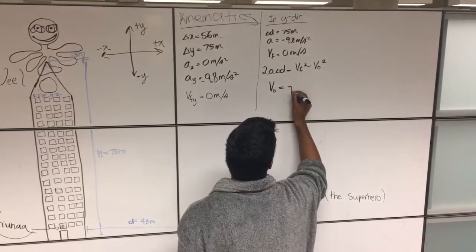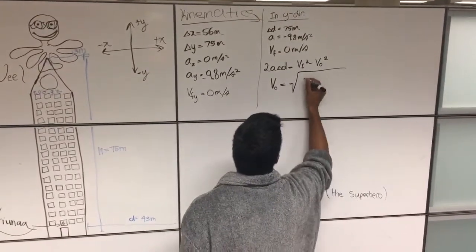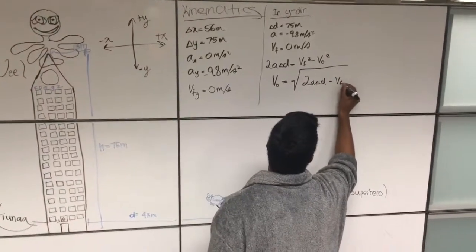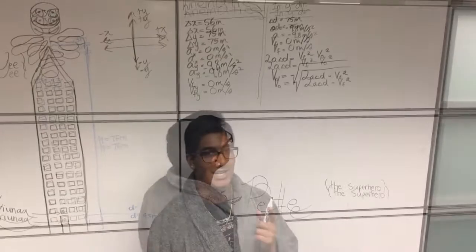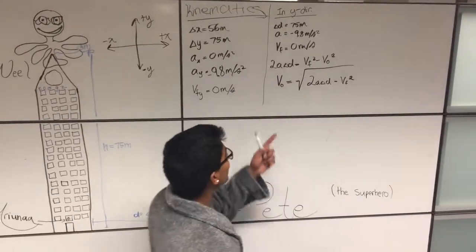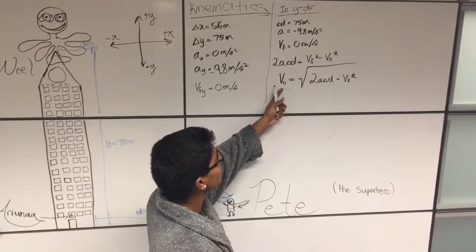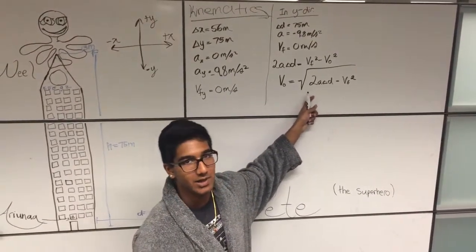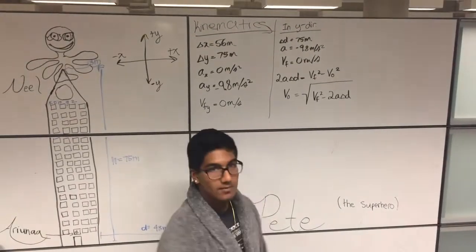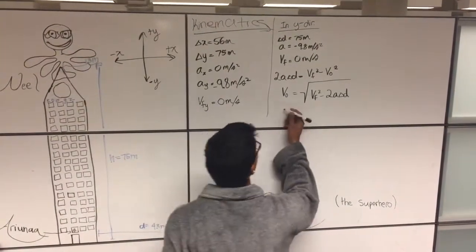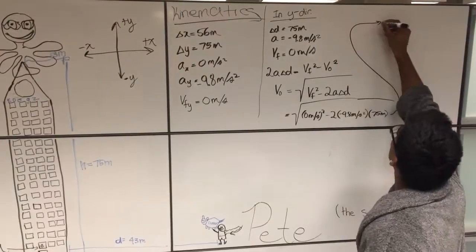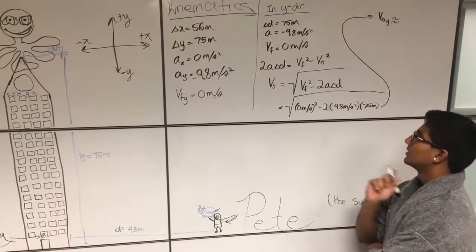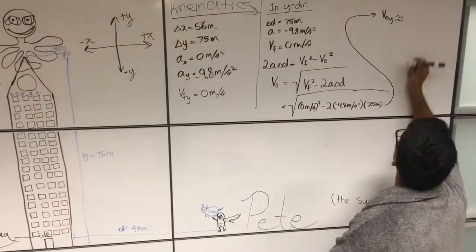And I guess you didn't catch my mistake here, because velocity initial is actually the square root of velocity final squared minus 2a delta d. So let me just fix that right quick. That's better. Now, let's plug in some values here, and we find that our initial velocity in the y direction is about 38 meters per second.